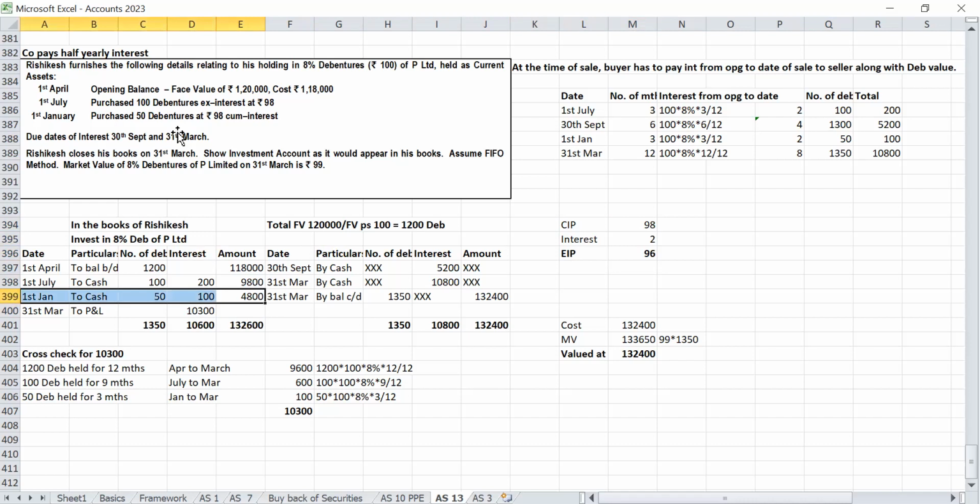Then on 31st March the company will come and pay interest. For how many months? 6 months, October to March. 6 months interest is rupees 4, for how many debentures?